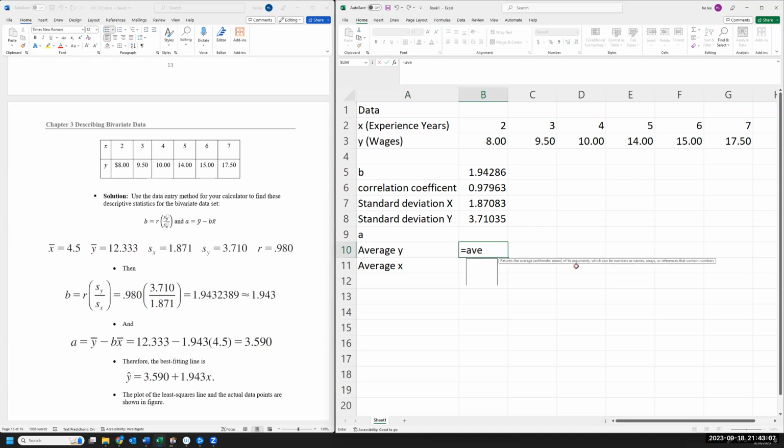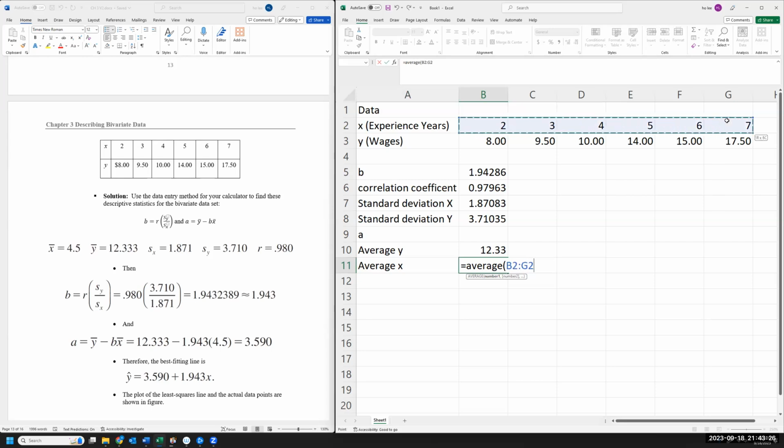Equal to average, open parentheses, put in your Y's, close parentheses, 12.33. Equal to average, open parentheses, that's the formula. Highlight your X's, close parentheses.